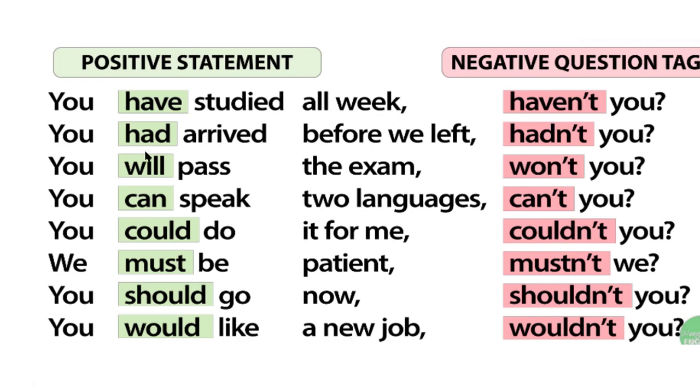You have arrived before we left, hadn't you? You will pass the exam, won't you? You can speak two languages, can't you? You could do it for me, couldn't you? We must be patient, mustn't we? We should go now, shouldn't we? You would like a new job, wouldn't you?